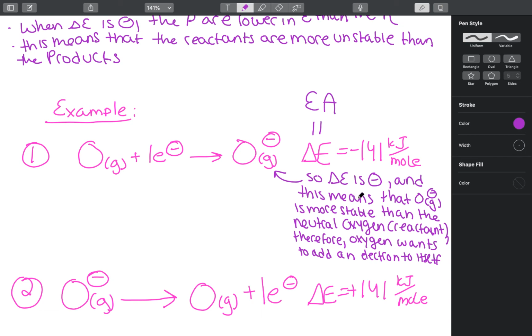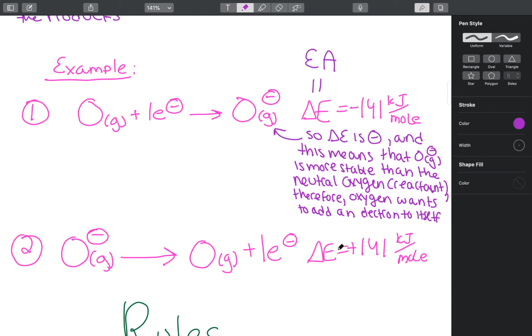So what if we were to reverse the process, where we remove an electron from the oxyanion? Well, you would get the same magnitude of electron affinity, or the change in energy, but a different sign. And what is this telling us? This tells us that the oxyanion, the negatively charged oxygen atom, wants to keep its electron.